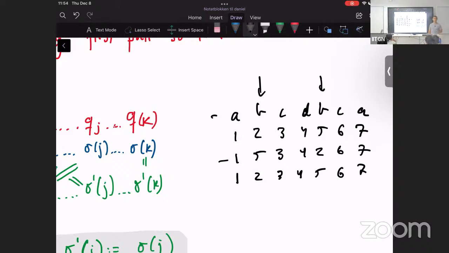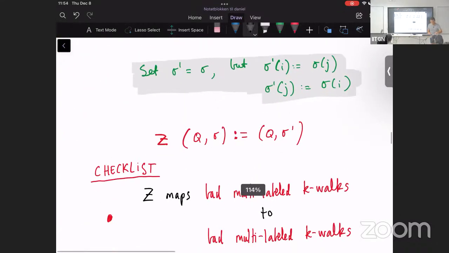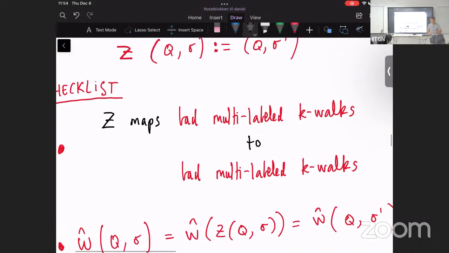Exactly. All right, so then let's continue. We checked that Z maps bad multilabeled k-walks to bad multilabeled k-walks because we don't change the walk.